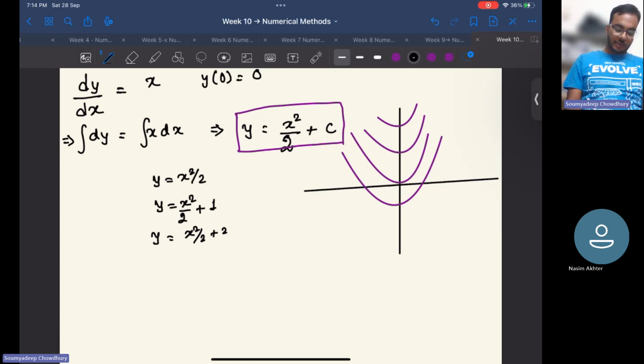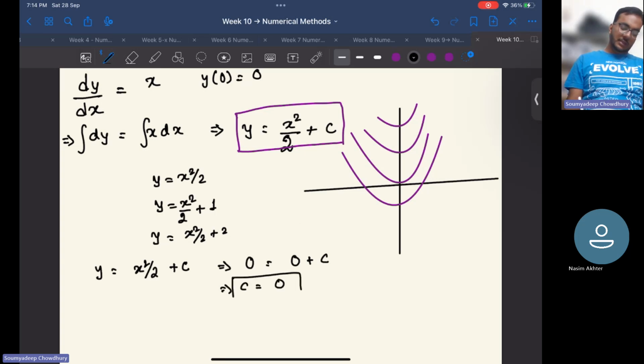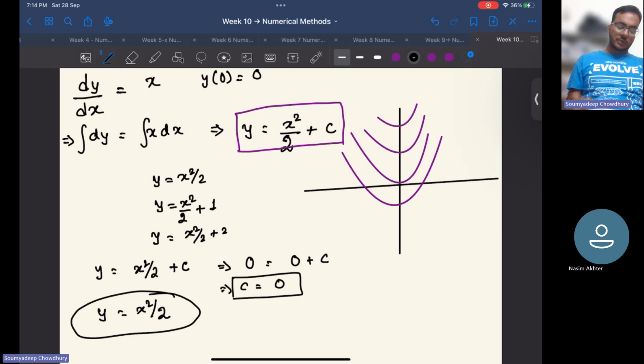Now if we substitute this in y equal to x square by 2 plus c, with x also 0, we get 0 plus c. So c you are getting as 0. Now if you resubstitute c, your solution is now y equal to x square by 2. So this is your unique solution, right?